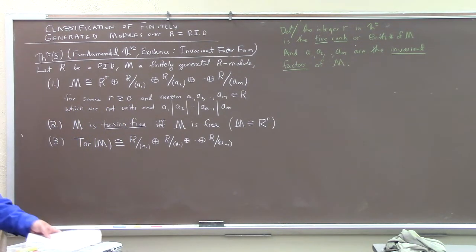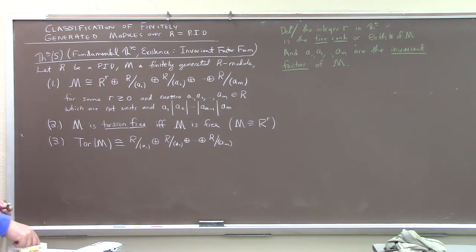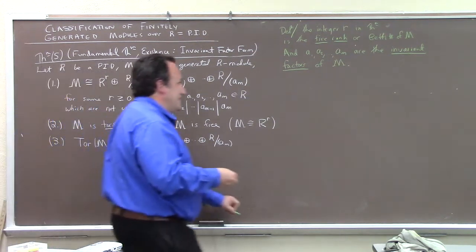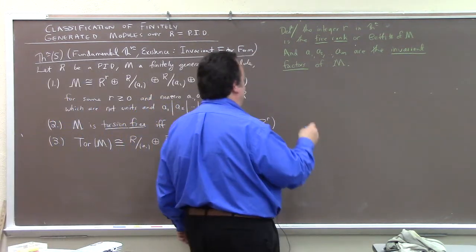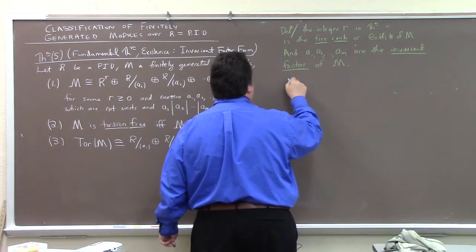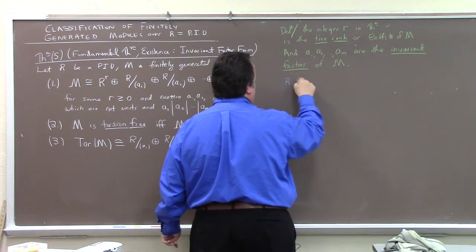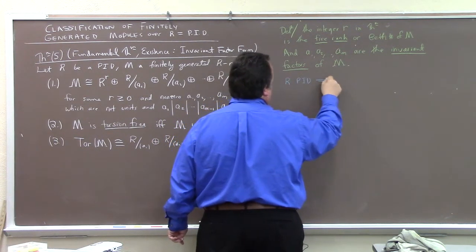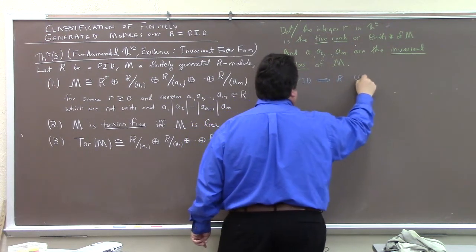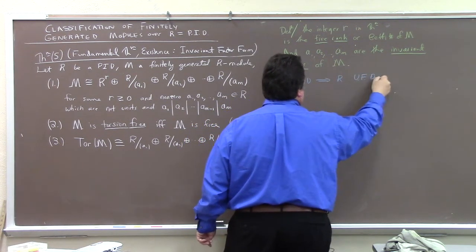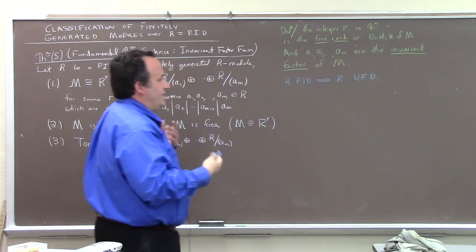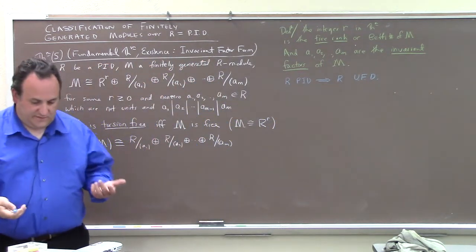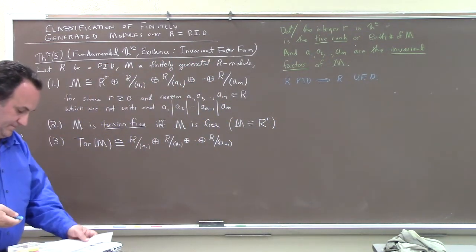However, since every PID, remember, is a UFD, right? It's been a minute since we talked about that, hasn't it? Yeah, unique factorization. So our PID implies R is a unique factorization domain, which means that each one of these invariant factors has a prime power decomposition, right?